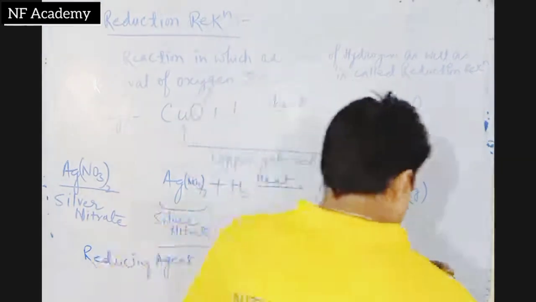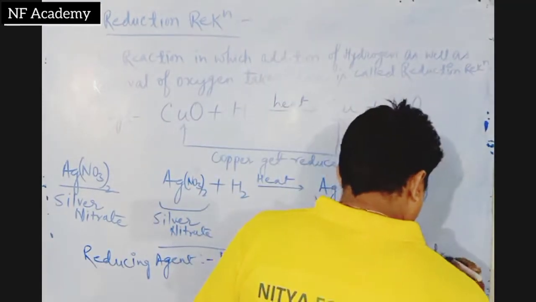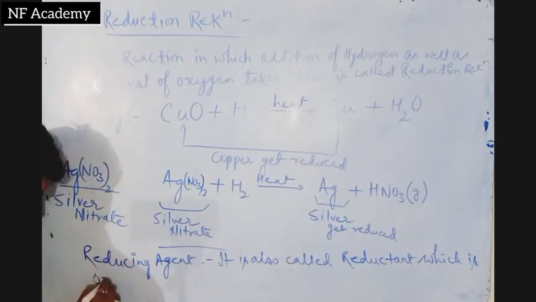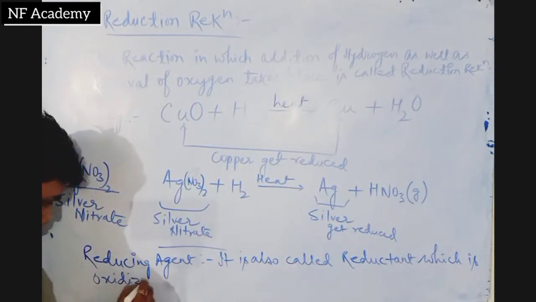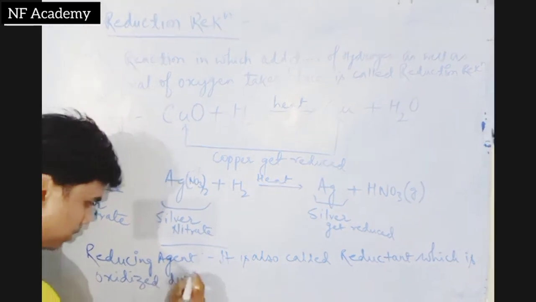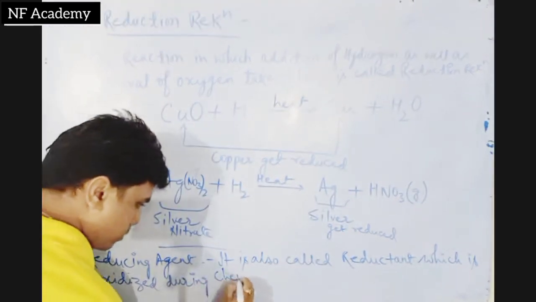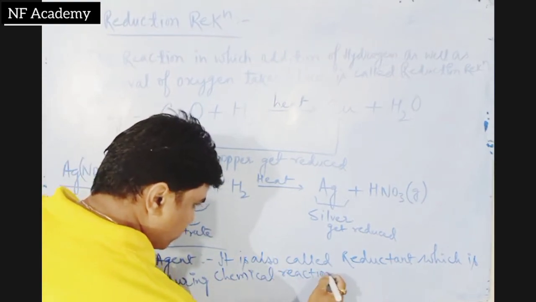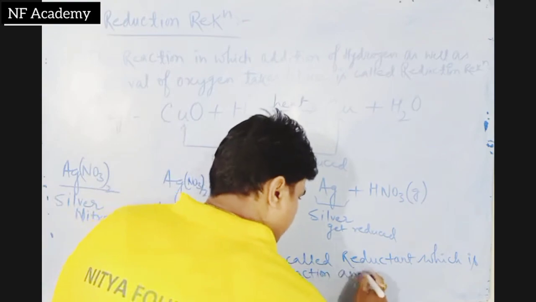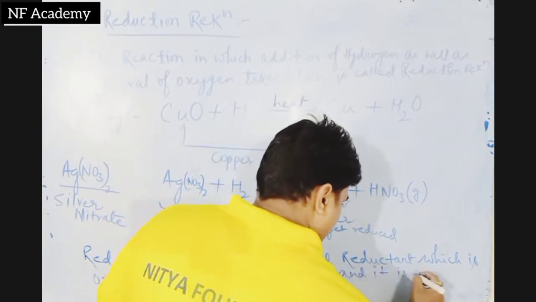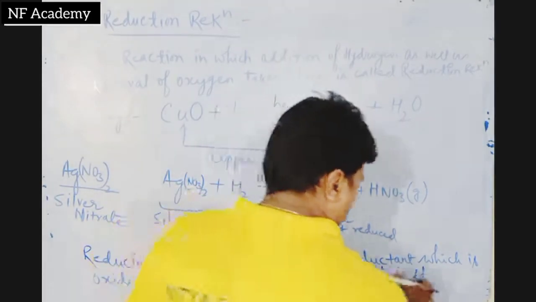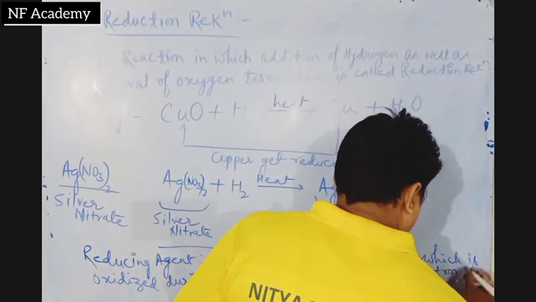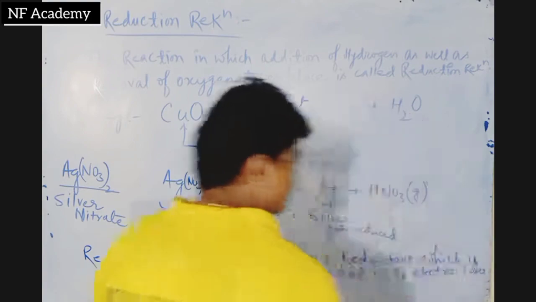It is also called reductant, which is oxidized during chemical reaction, and it is an electron loser.